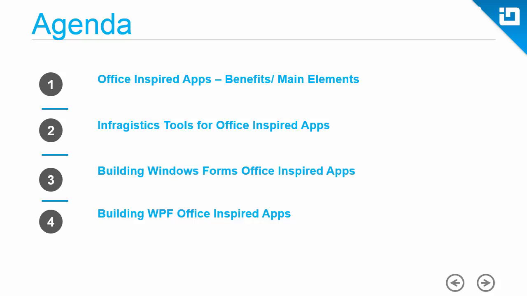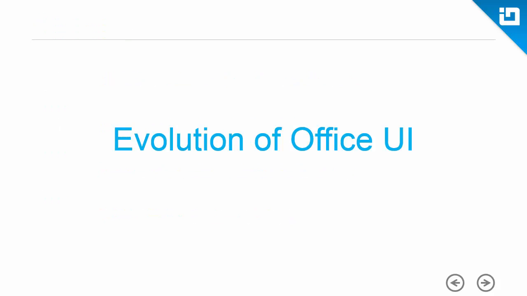We'll then do a demo of building an Office-inspired application using Windows Forms. And then I'm going to hand it off to Brian Lagunas, who is going to cover building Office-inspired applications using WPF.